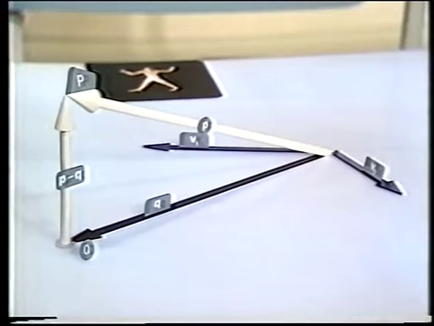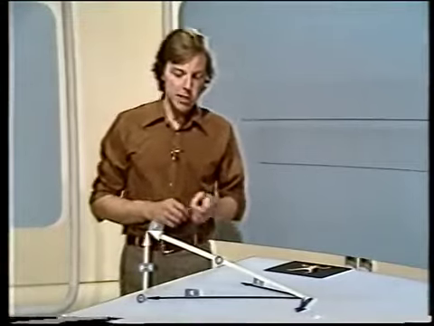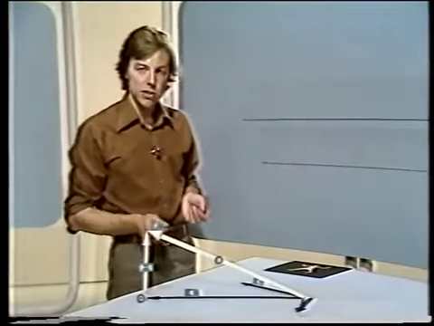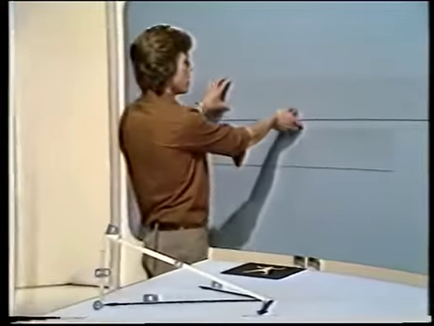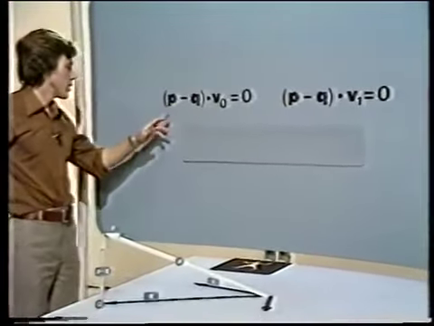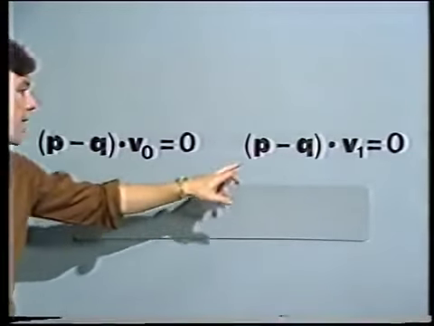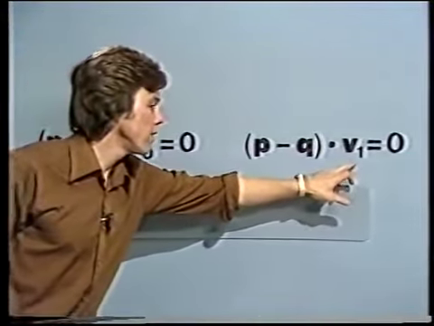Now, that's something that we can express algebraically, because two vectors are orthogonal if their dot product is 0. That means we can now express the condition on Q algebraically by two equations. These two equations simply tell us that P minus Q is orthogonal to v0 and it's orthogonal to v1.